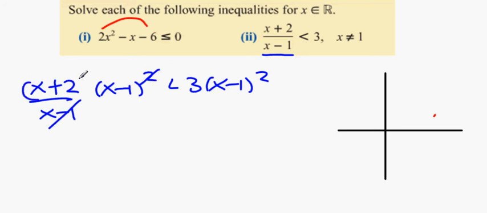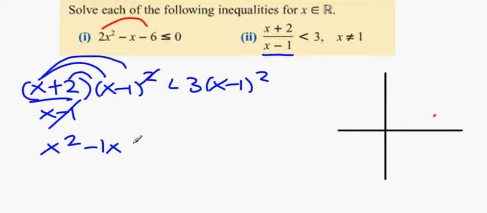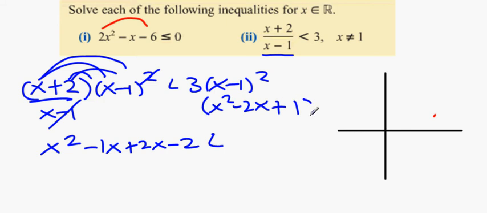We're going to multiply out and we get x squared minus 1x plus 2x minus 2 less than, now this here is going to be x squared minus 2x plus 1. That's it when you square it out. Multiply that by 3 and you get 3x squared minus 6x plus 3.